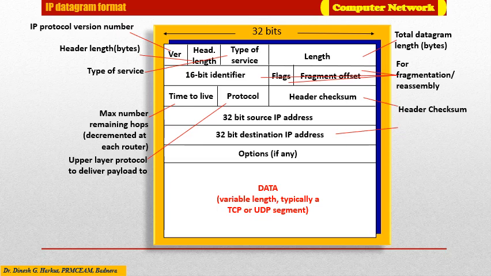A router computes the header checksum for each received IP datagram and detects an error condition if the checksum carried in the datagram header does not equal the computed checksum. If there is a difference between the checksum computed by the router and the value already present in the datagram, it indicates there is an error.